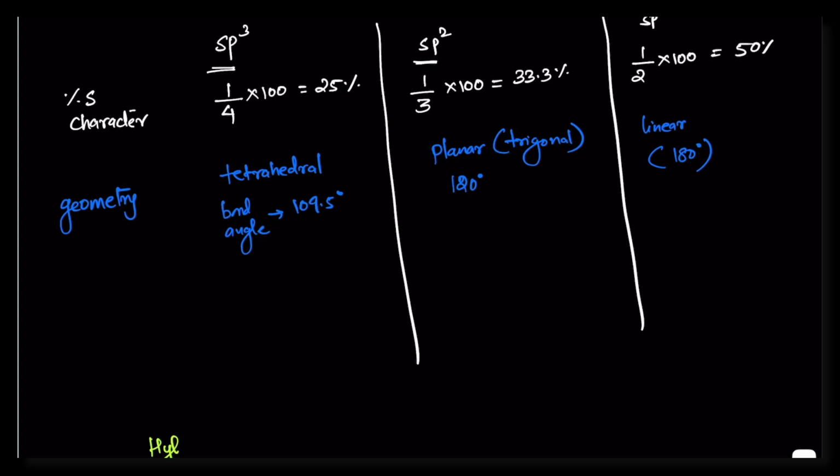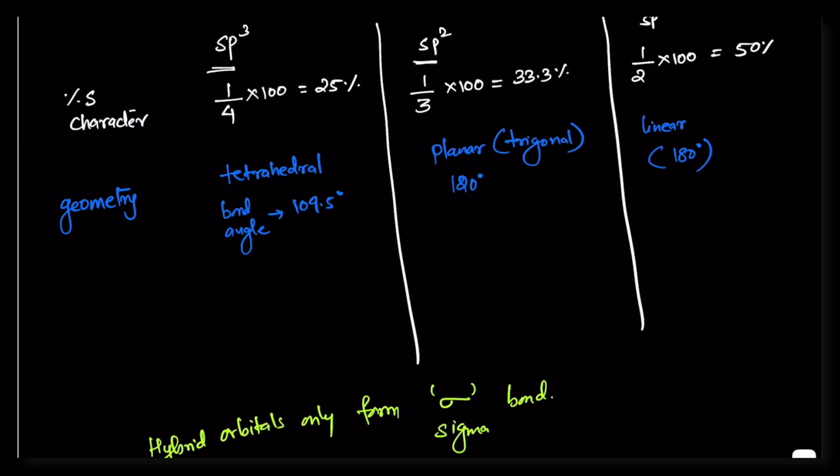Hybrid orbitals only form sigma bonds. There is another kind of bond you will see, which is the pi bond, which is formed by those orbitals that do not take part in hybridization.